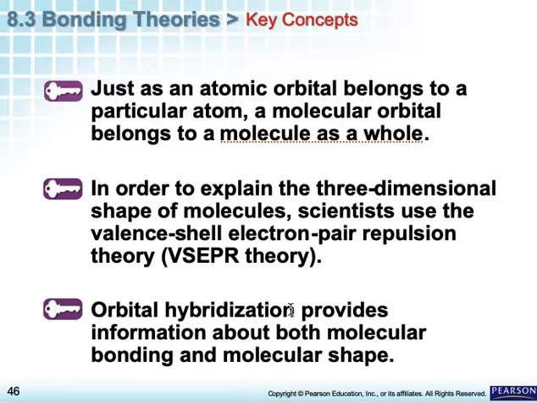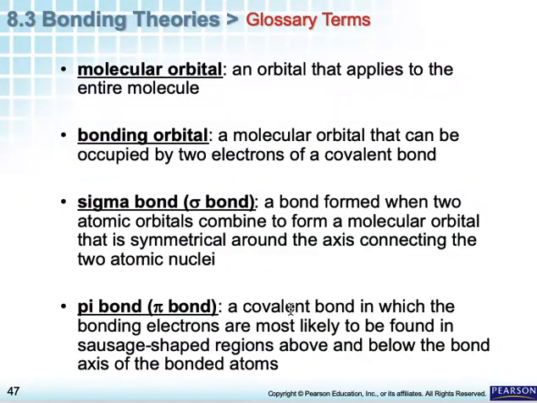Key concepts, finally. Just as an atomic orbital belongs to a particular atom, a molecular orbital belongs to a molecule as a whole. In general, in order to explain the three-dimensional shape of molecules, scientists use the valence shell electron pair repulsion theory. Orbital hybridization provides information about both molecular bonding and molecular shape.